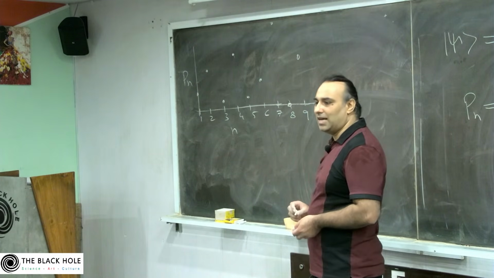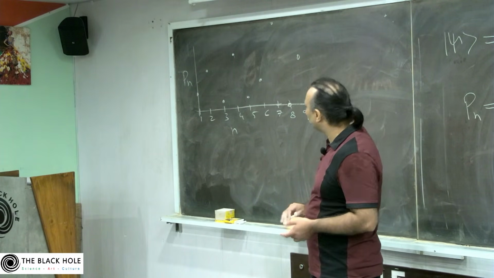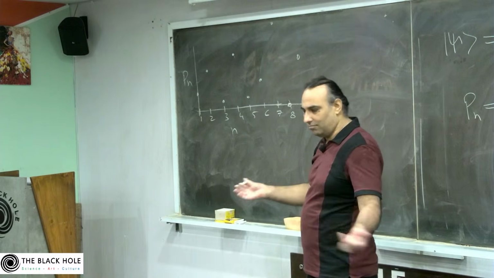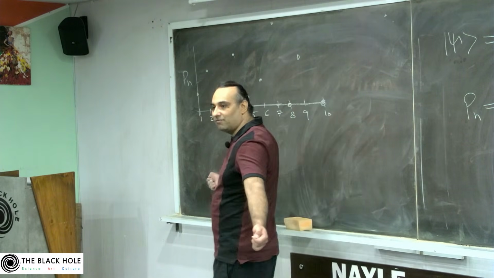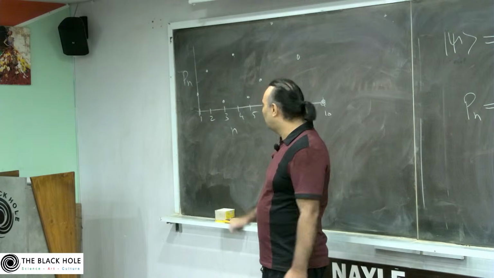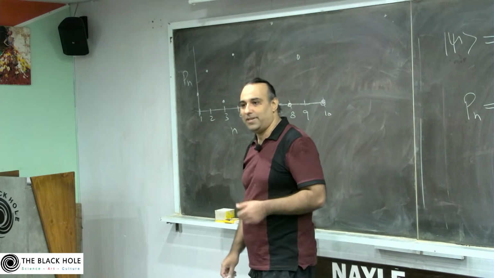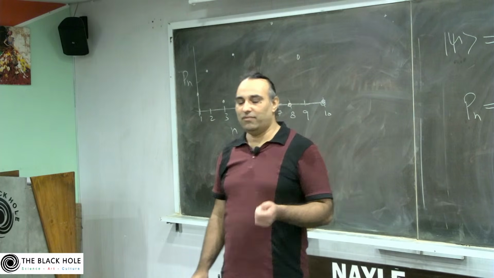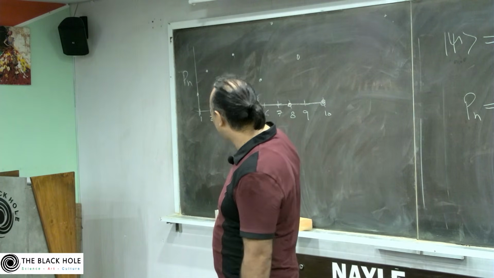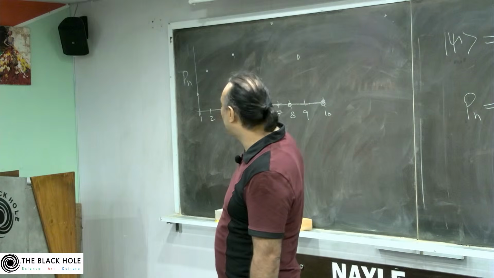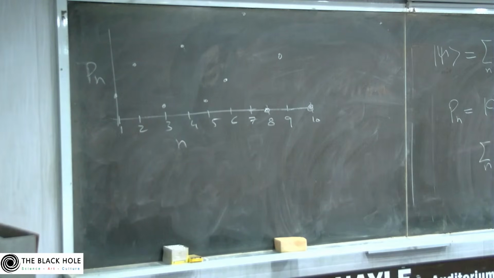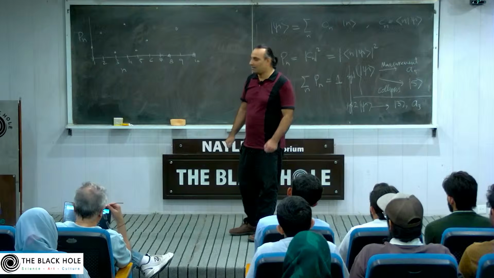Then it means that whenever you measure, there is a wide range of values that you can get. Experimentally, such measurements will not give you a single number. They'll give you a full distribution, and then you can do whatever you can do with the distribution. If it's a localized distribution, you can talk about its width and moments, etc.